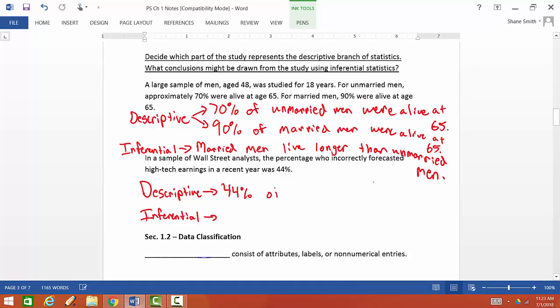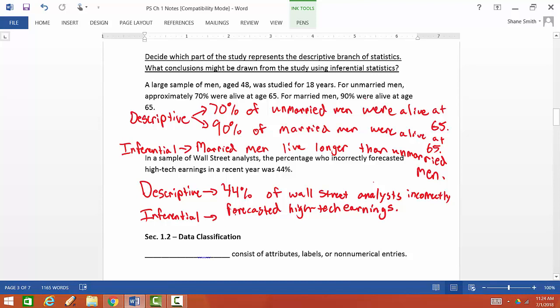So 44% of Wall Street analysts incorrectly forecasted high-tech earnings.